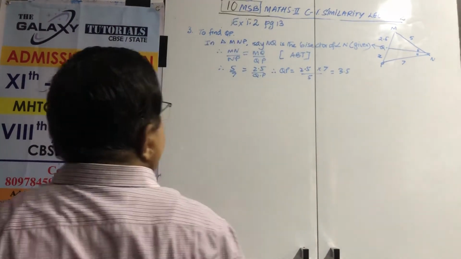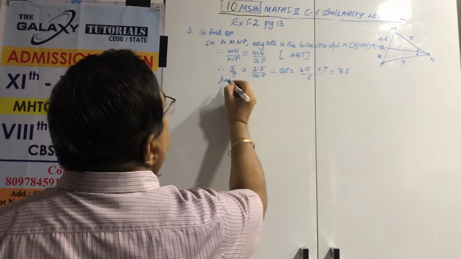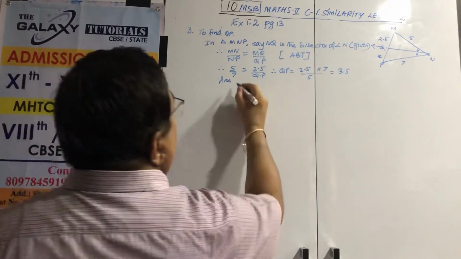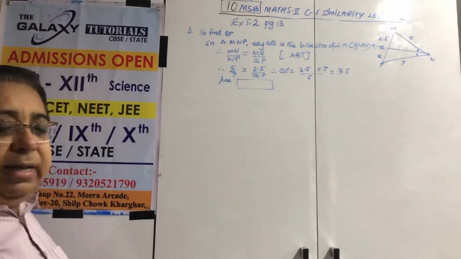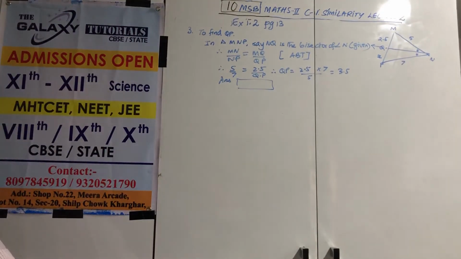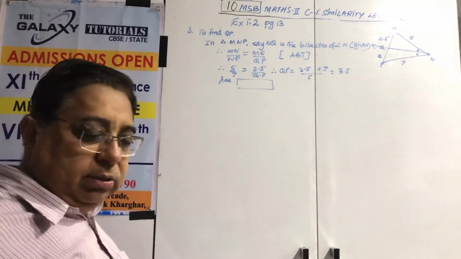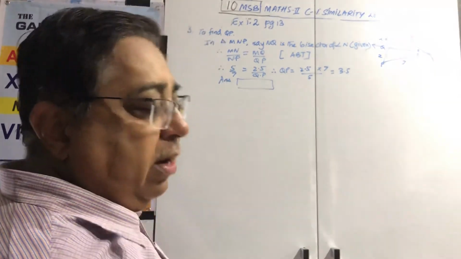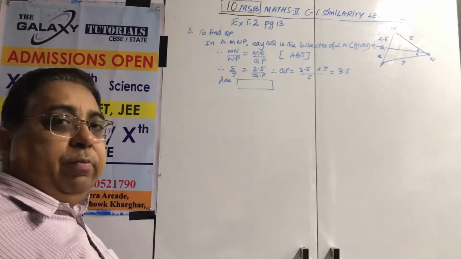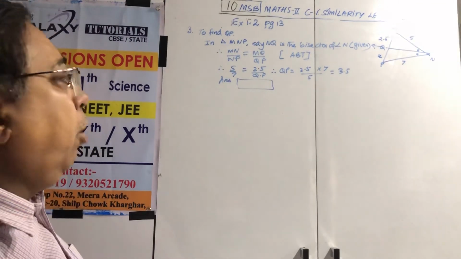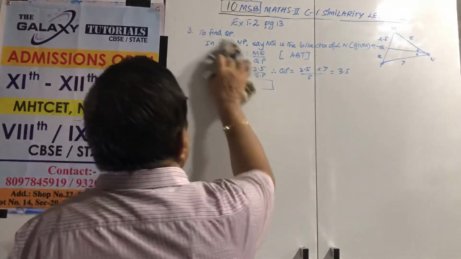This is my answer. QP is 3.5. Make a square box and you will get full marks. As simple as that. Please write the answers distinctly and separately at the end of the sum. If possible, you can square box it so that it is visible and outstanding to the examiner.